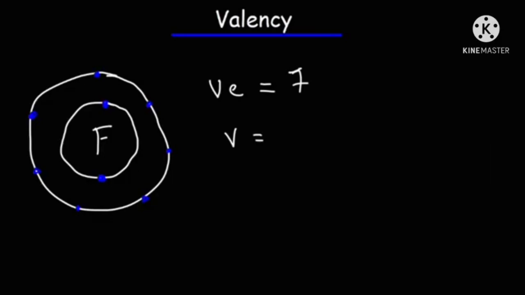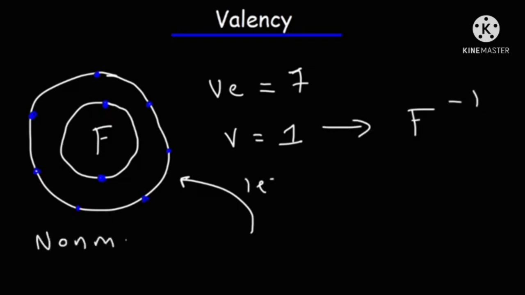Now what is the valency? In order to gain stability it has to acquire one more electron in the outermost orbit, one only. Valency is 1. Why I am writing F minus 1, we will talk about later.